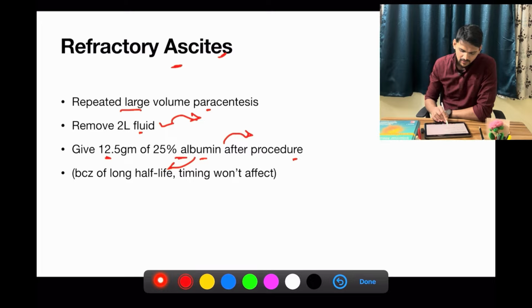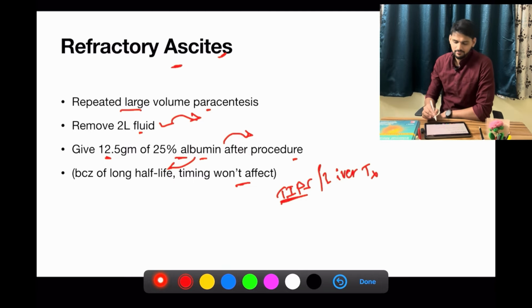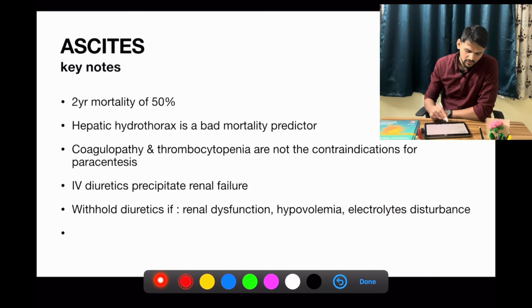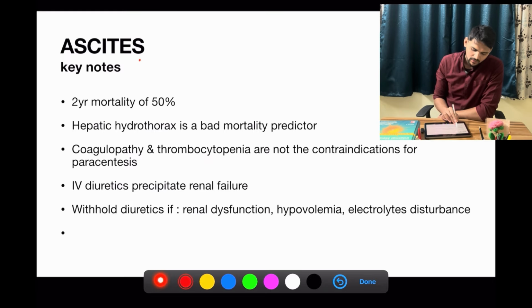And we know that if this one is also not working, there are next steps like we have to consider TIPS by referring to the specialists or liver transplant as the next measures. So some key points related to ascites are, if the individual with cirrhotic liver disease is having ascites, 2-year mortality will be about 50%.